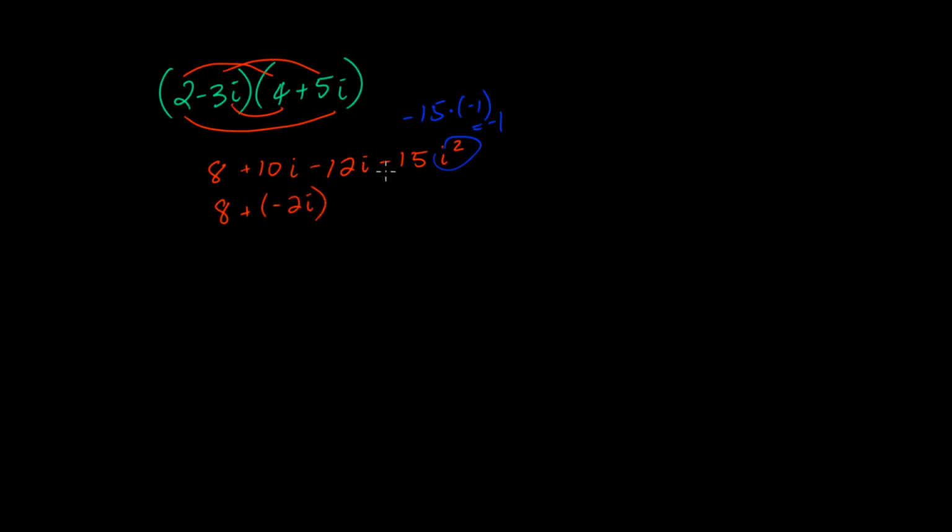And then negative 15 times negative 1, that's a positive 15. Combine our like terms, so 8 plus 15, that's 23. So 23 and then minus 2i. So this is our product of these two imaginary numbers.